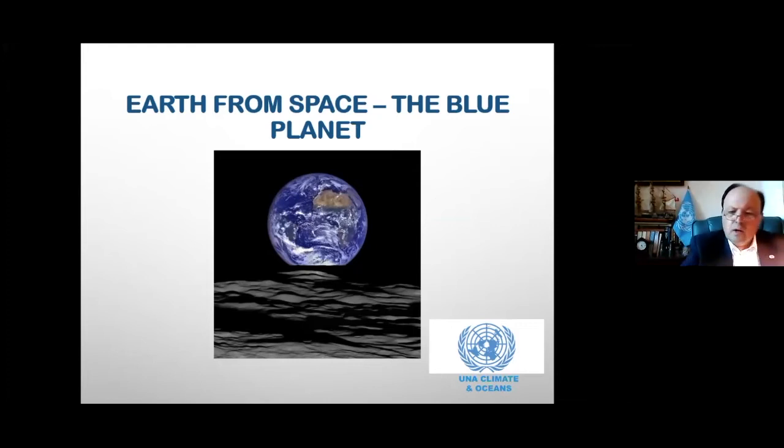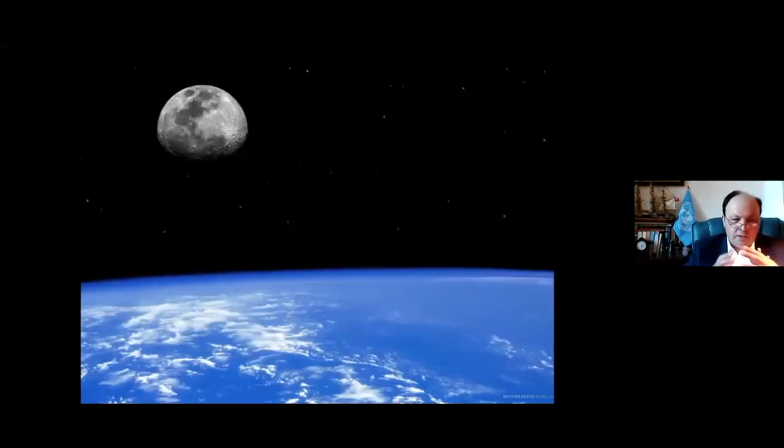But let's get a bit closer. In this beautiful picture, we see obviously again the blue planet, but also the moon. And the moon, we have to remember, has an influence on the climate of our blue planet. Through its gravitational force, it keeps the Earth spinning stable on its own axis, its own rotation.